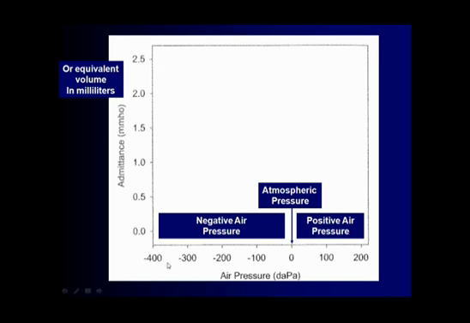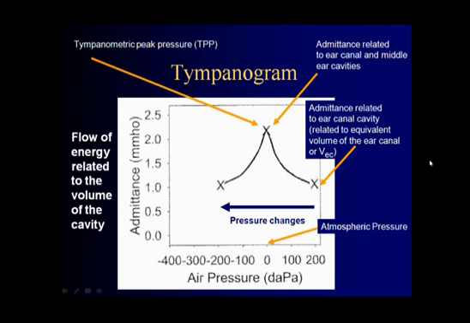Know that a low admittance means there's very low energy going into the middle ear. High admittance means there's more energy going into the middle ear. Here's a tympanogram, very typical of what we can see. We start with the probe in the ear. We push in air pressure up to 200 decapascals, and we see that admittance is at this point.